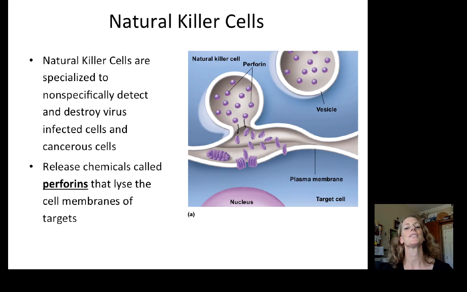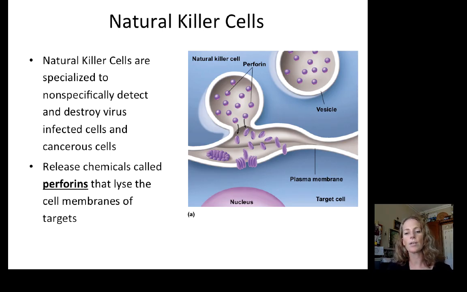Okay, natural killer cells. Natural killer cells are specialized to non-specifically detect and destroy virus-infected cells and cancerous cells. If they find a cell that has been compromised, either a cancerous cell or a virally infected cell, then the natural killer cells will release chemicals to kill those damaged cells.